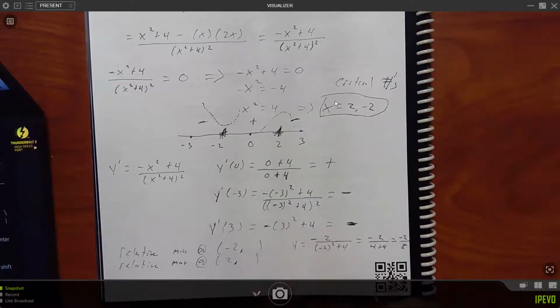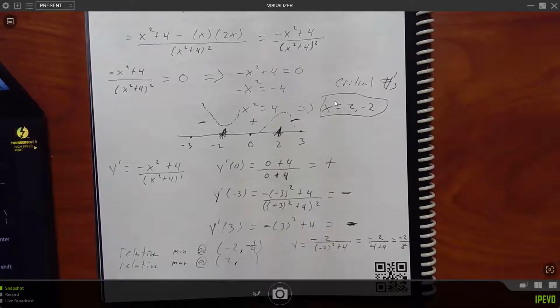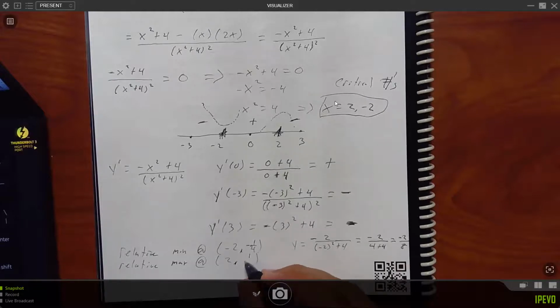That's negative 1/4, right? And the other one will be positive 4.